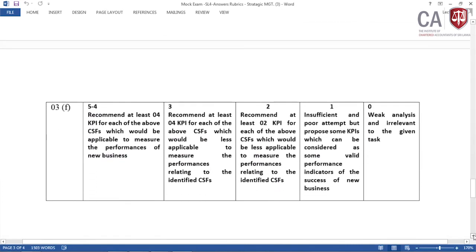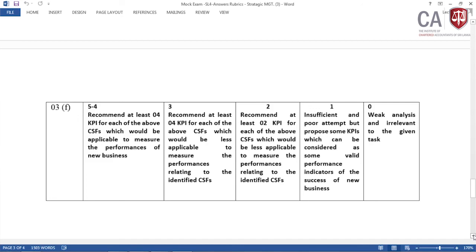3F, 5 to 4 marks: recommend at least 4 KPIs for each of the above CSFs which would be applicable to measure the performance of the new business. You come up with 4 relevant KPIs. 3: recommend at least 4 KPIs for each of the above CSFs which would be less applicable to measure the performance related to the identified CSF, not much relevant.